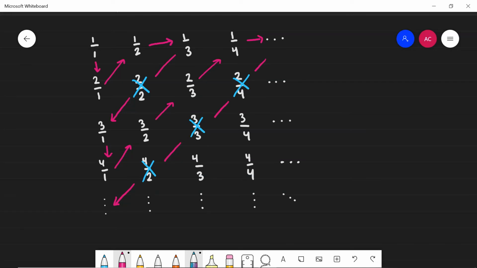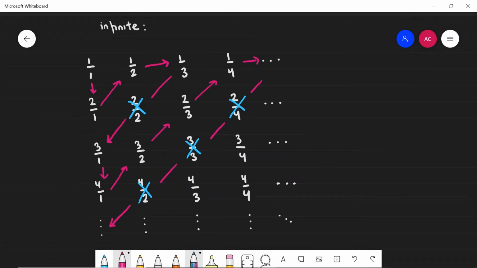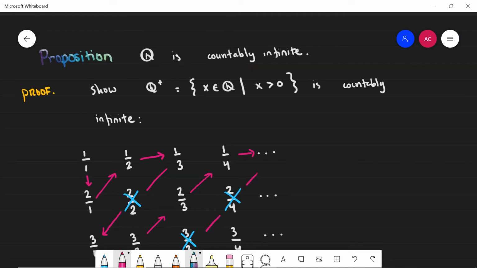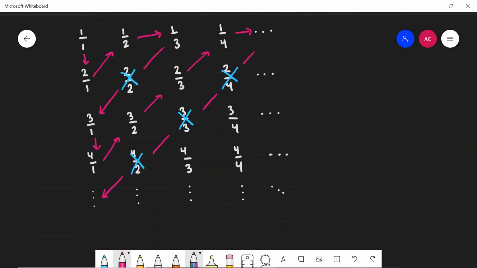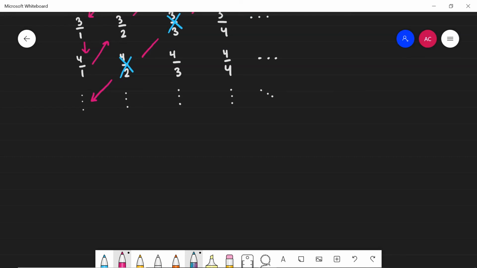Now that's giving me a bijection from the positive rationals to the set of natural numbers. And since I counted the positive rationals, it's possible to count the negative rationals, and then it's possible to count them together. And that gives me the fact that the field of rationals is countably infinite. So that's the proof here.